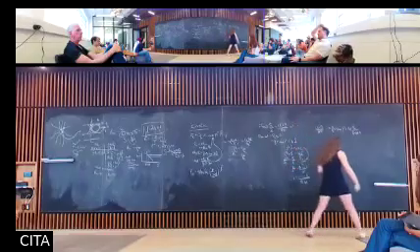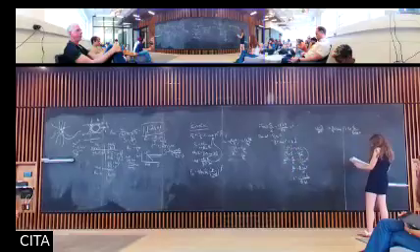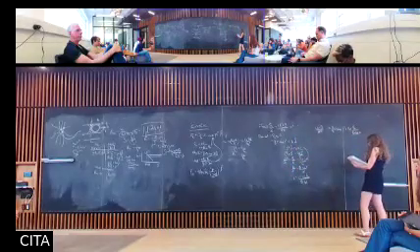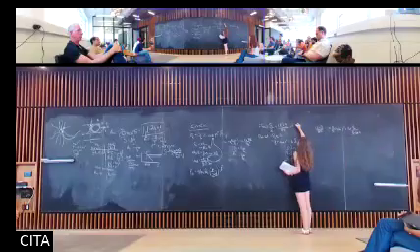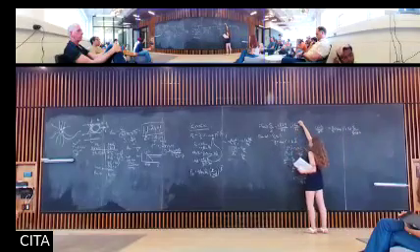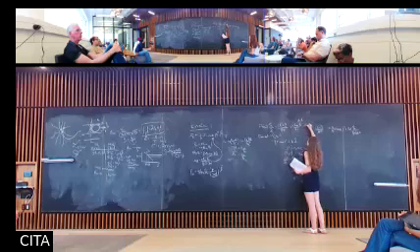So E rect times E not over 8 pi, and I said E rect, that's A rect, E not. So that's this now.